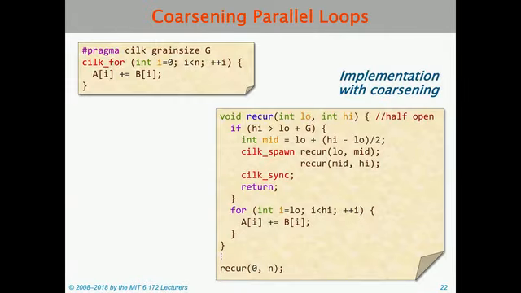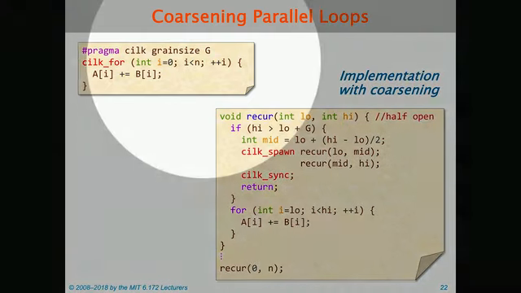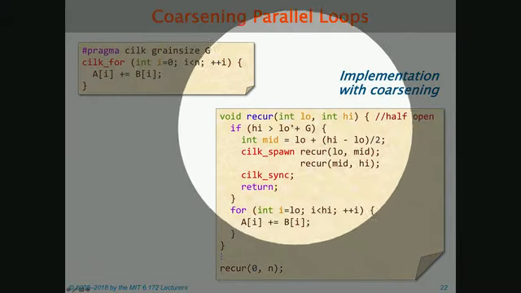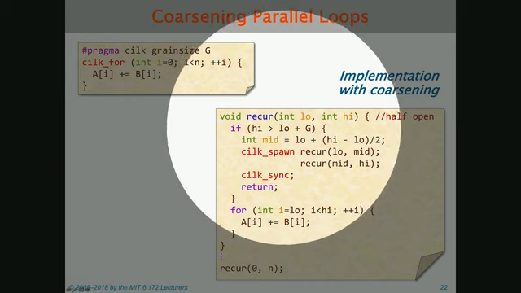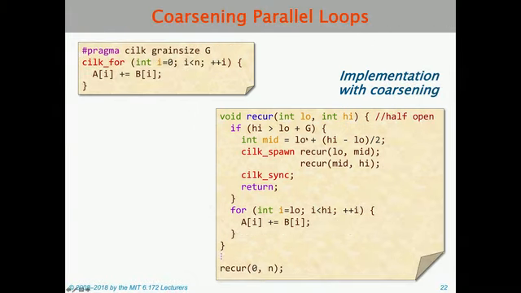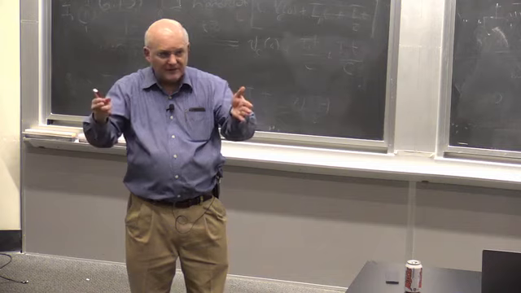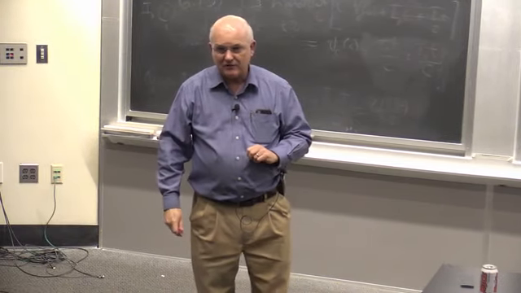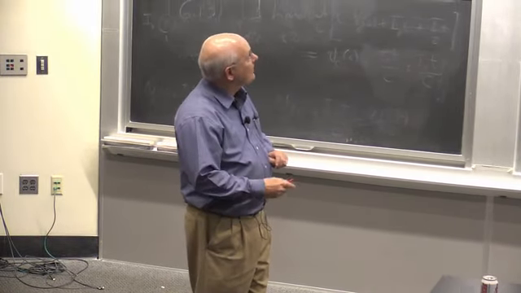And the grain size shows up here in the code as, instead of the condition being high greater than low plus 1, so that you ended with a single element, now it's going to be plus G, so that at the leaves, I'm going to have up to G elements per chunk that I do when I'm doing my divide and conquer. So therefore, I can take my subroutine overhead and amortize it across G iterations rather than amortizing it across one iteration.